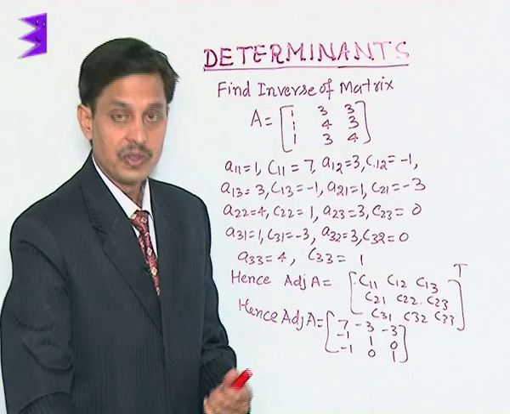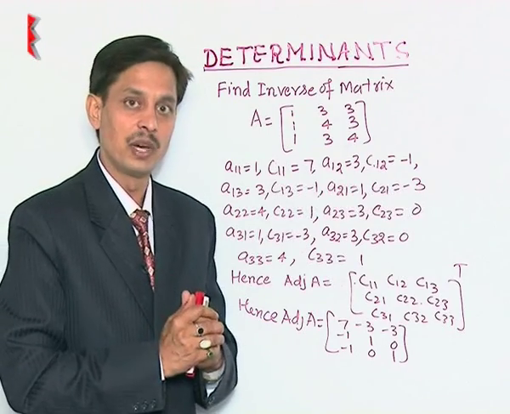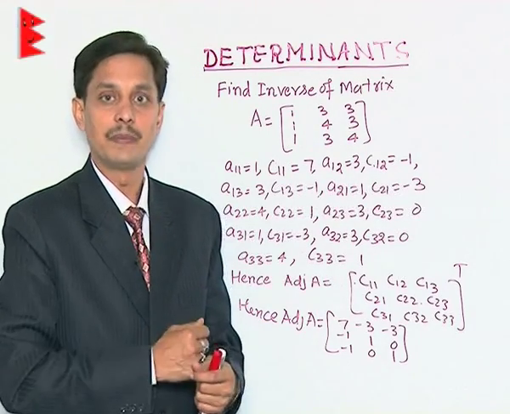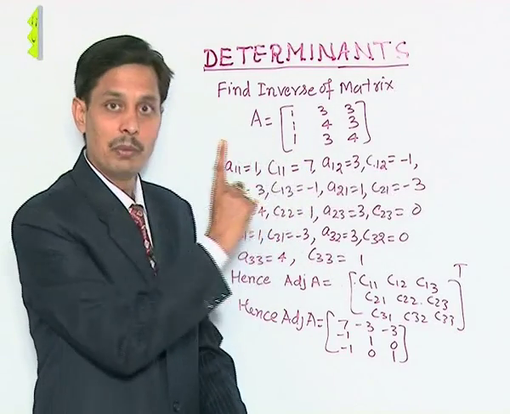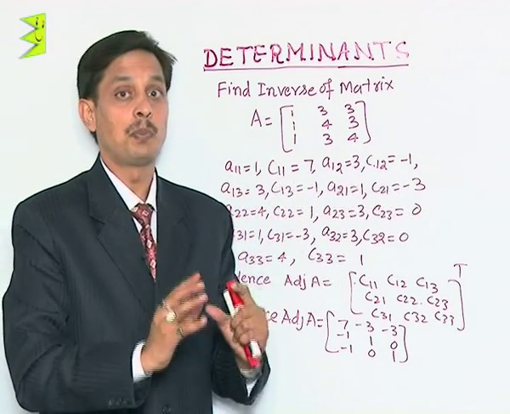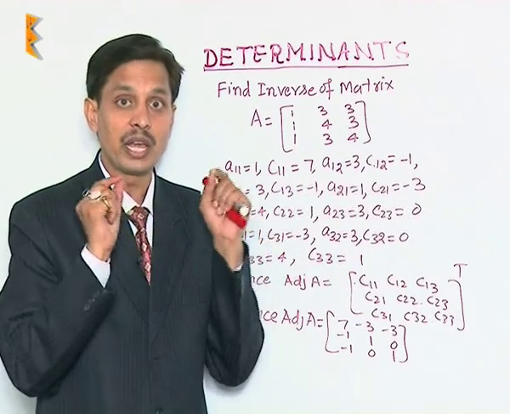How to find the inverse? To find the inverse, we need to calculate one very important thing, that is the determinant. The determinant value will be obtained by multiplying the elements and corresponding cofactors of any row or any column.